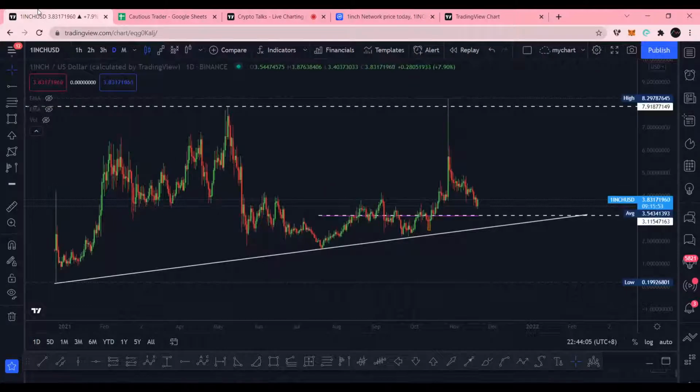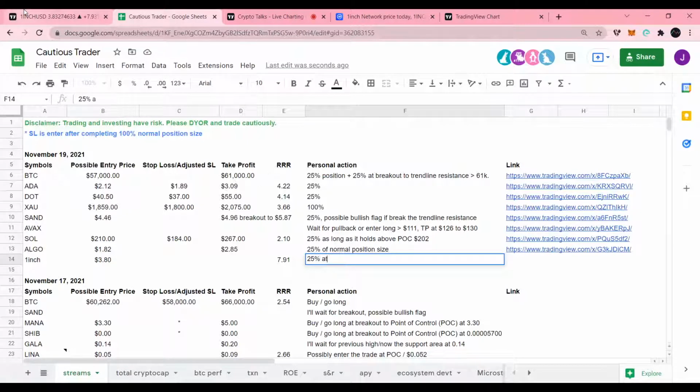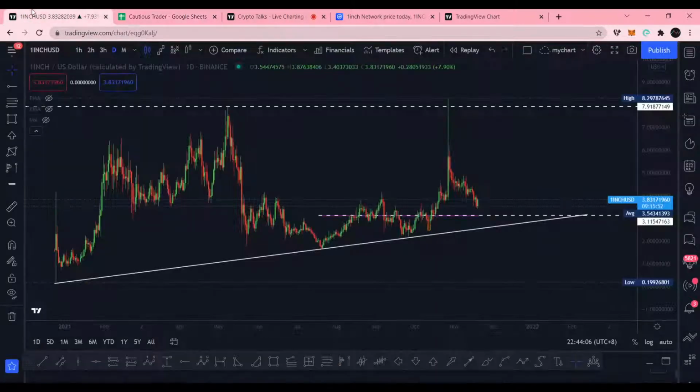And possible entry price 3.80, and possible stop loss. I'm going to use 25% at 3.80, and then another 25% at 2.60, more or less, this one. But it depends on your plan.